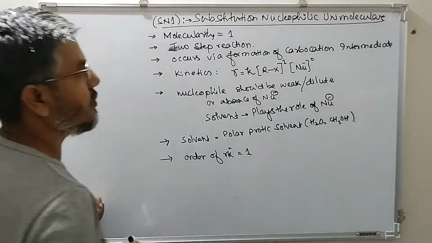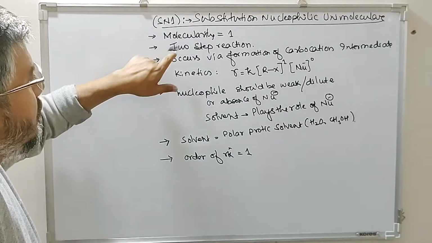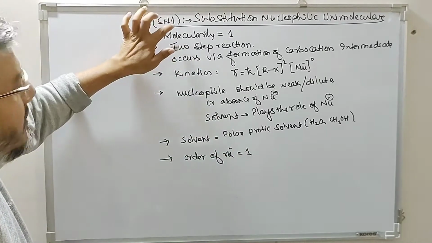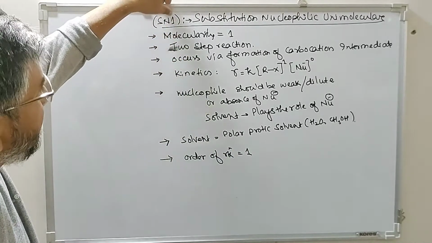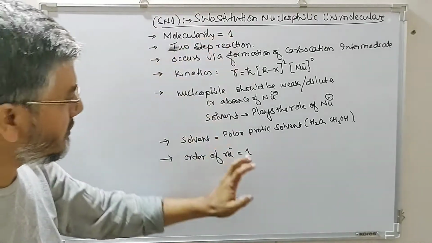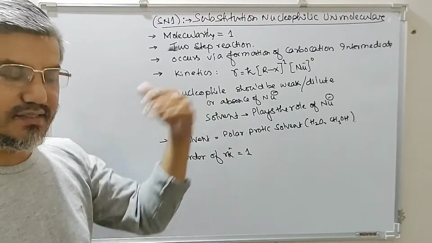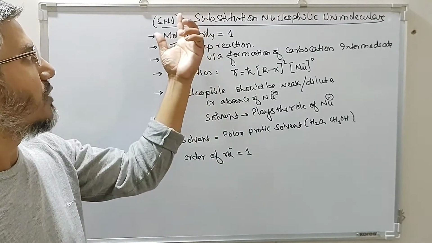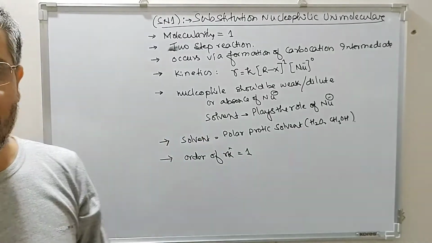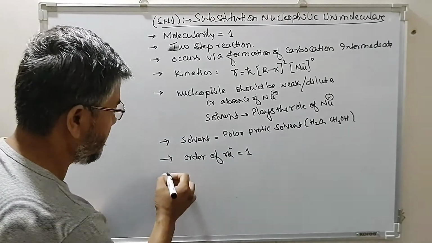So this is first order, but occurs in two steps. Molecularity is 1. So this one and this one is different. The one in SN1 is due to its molecularity being 1, not due to order being 1. And this is a coincidence because the order and molecularity happen to be 1 each.